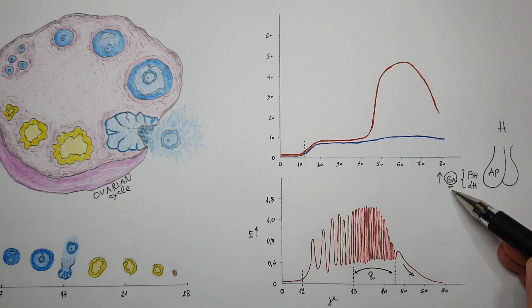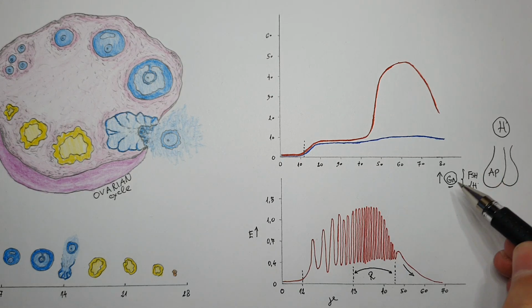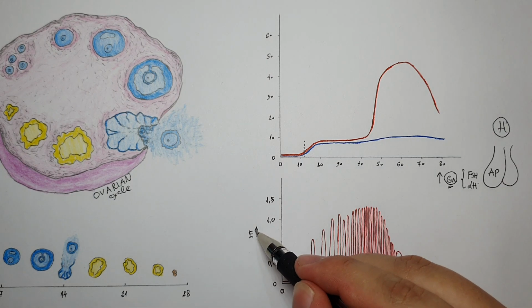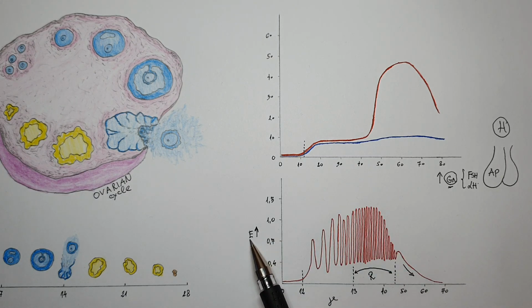These gonadotropins are being secreted. The hypothalamus is controlling it. It says, I want gonadotropins to be secreted now, and they in turn start the menstrual cycle and puberty in a woman.